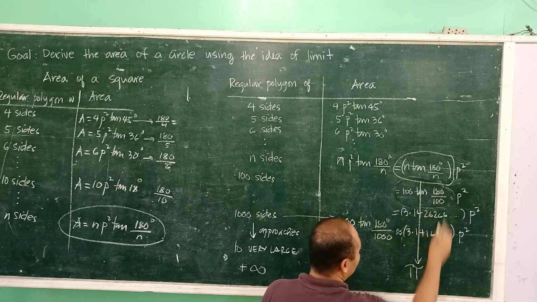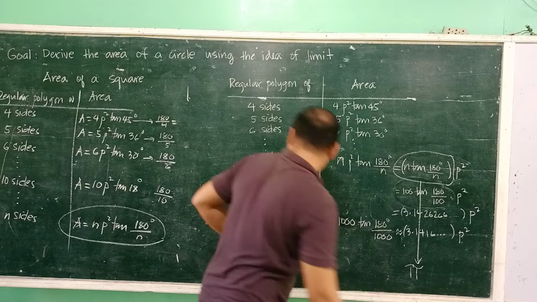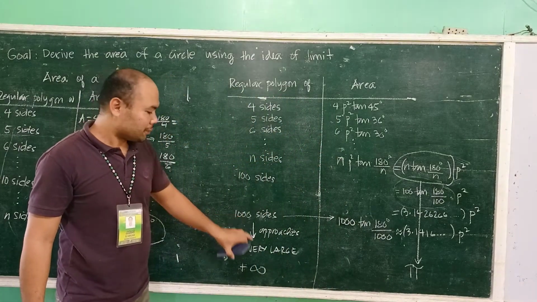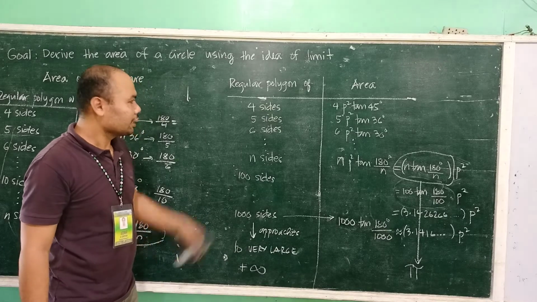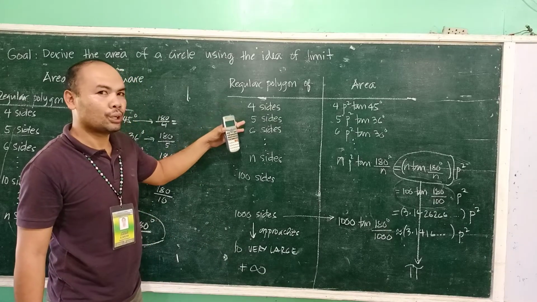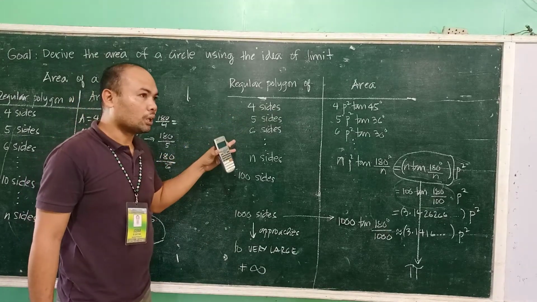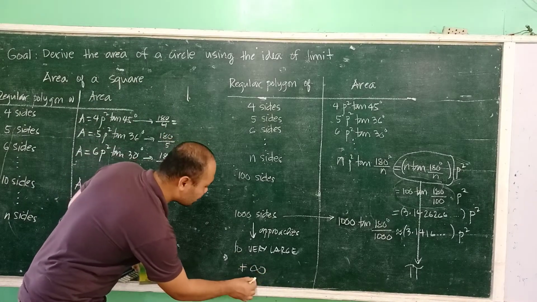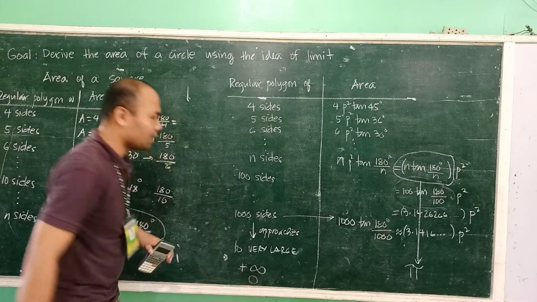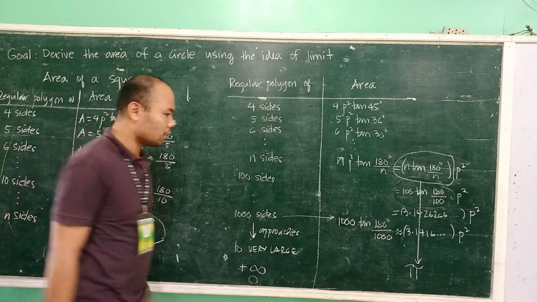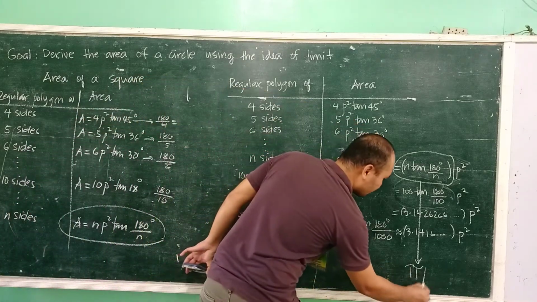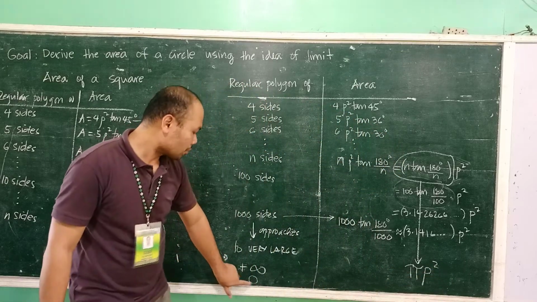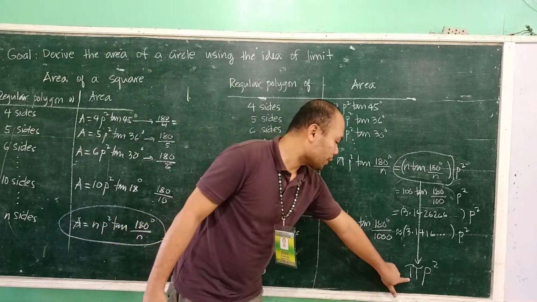So therefore, if the number of sides is approaching positive infinity, you won't see a polygon anymore, but you will see a circle. And what should be the area of the circle? This should be pi p squared.